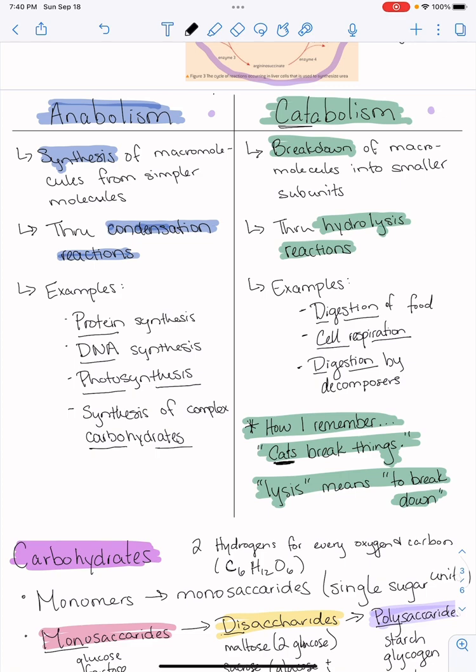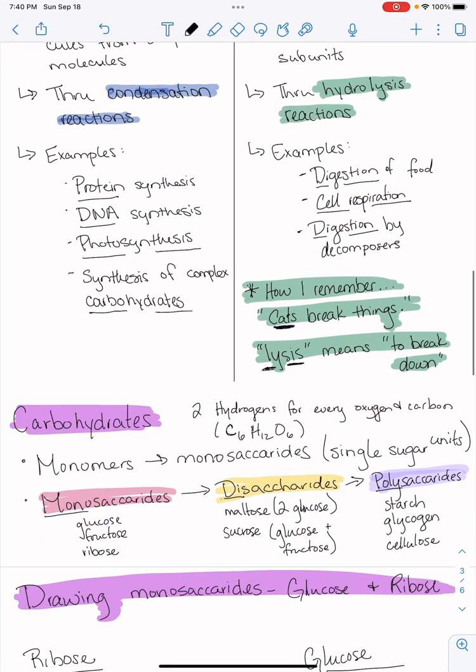I also remember hydrolysis goes along with catabolism because lysis, the end of the word, means to break. So cells can lyse, cells can break. And then anabolism would be the opposite of that. That's an easy way to think about it.